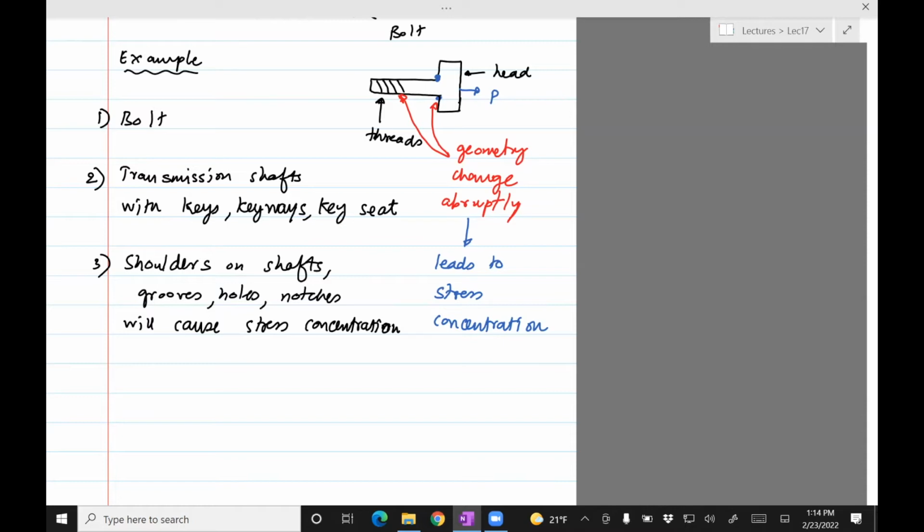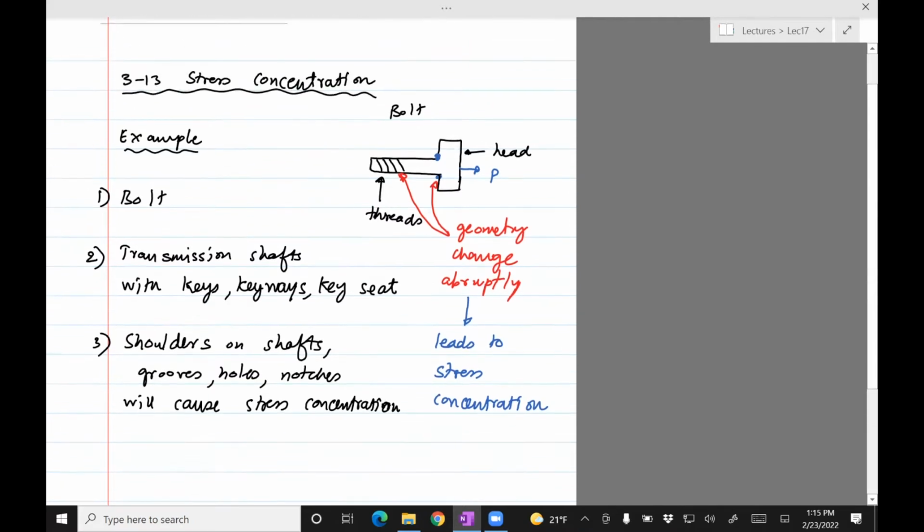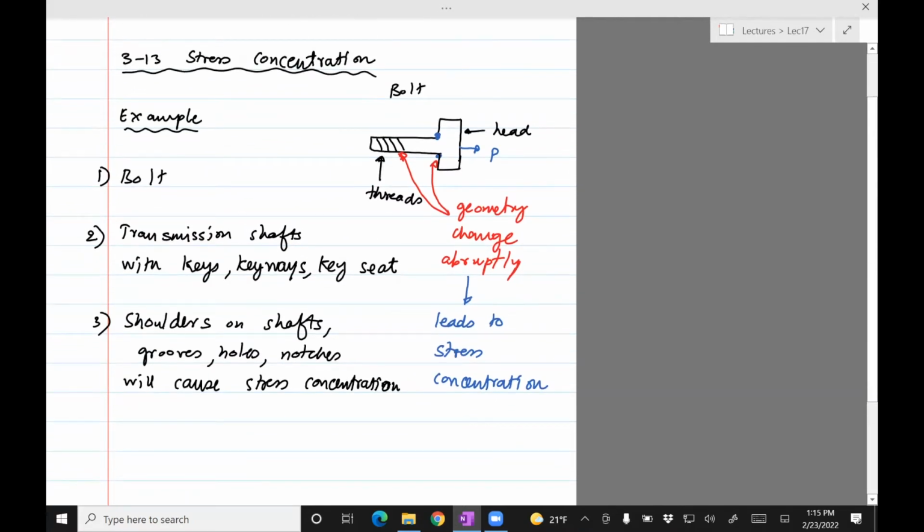So the best way to mitigate this problem is to figure out what the stress would be if you have these keyways, grooves, and have the dimensions such that they would not cause the stresses to reach an extent where the material will just break, right? This section will not get into the design of elements, but it will tell you how to compute the stresses when there's a change in geometry.